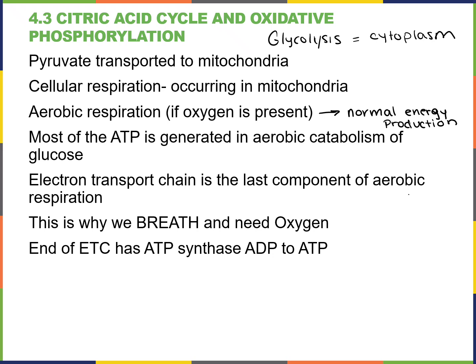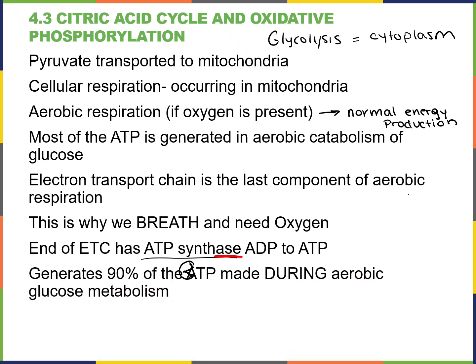The end of the electron transport chain has ATP synthase, an enzyme, that turns ADP into ATP. So it adds a third phosphate, and then we have our ATP. Just a little note, when you see this suffix ASE, A-S-E, most of the time it's going to be an enzyme.